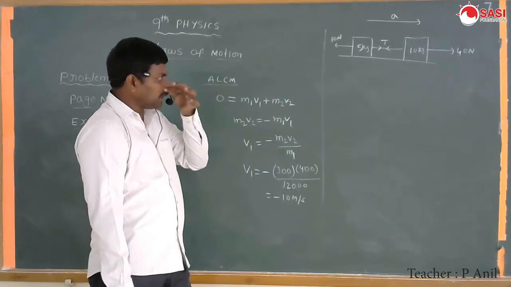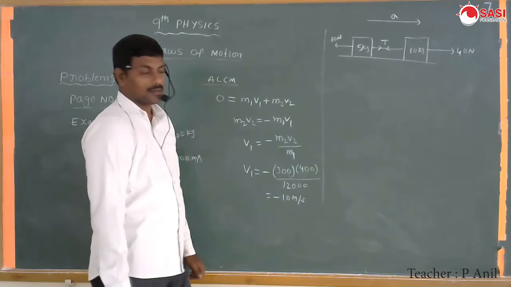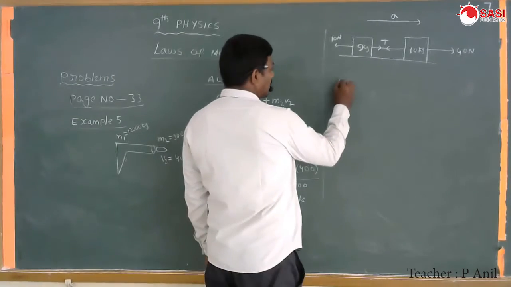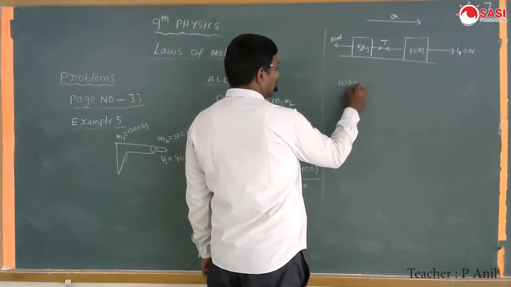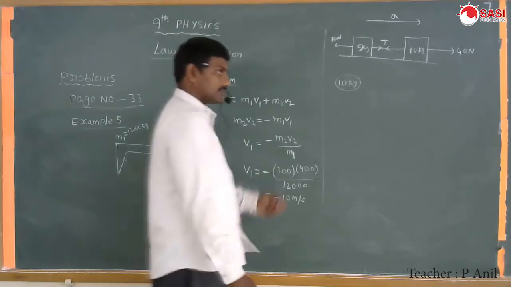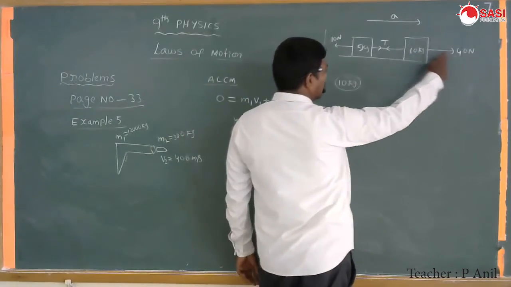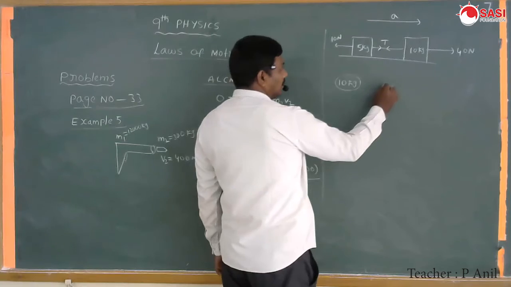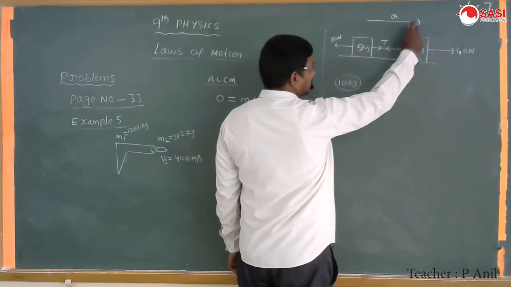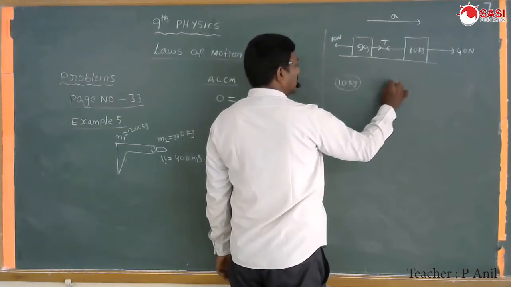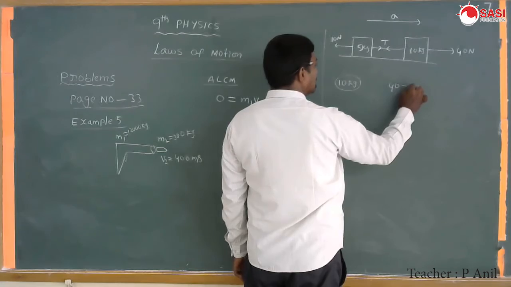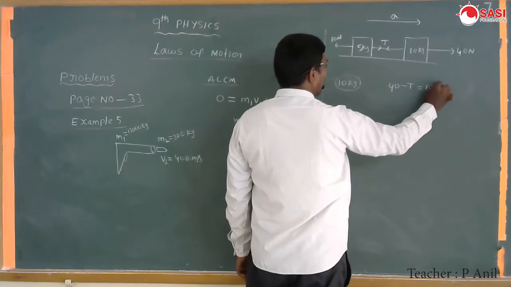Now we can apply free body diagrams. For the 10 kg block, what are the forces acting on the block? Right side force 40, left side force T. Acceleration is in this direction, that's why the net force gives 40 minus T is equal to 10A.